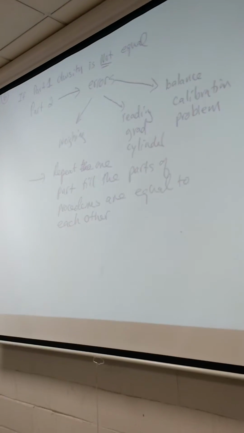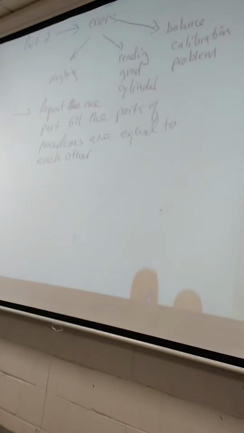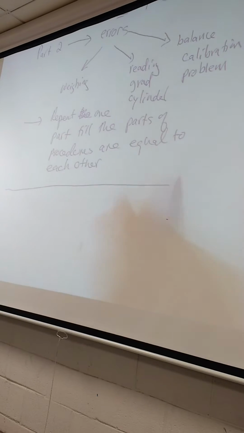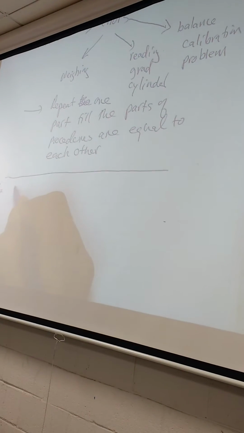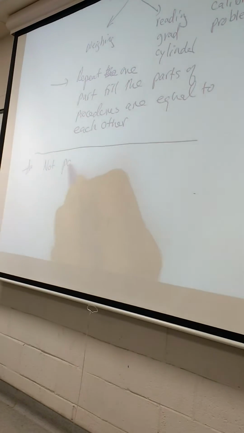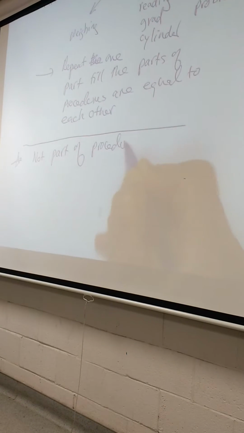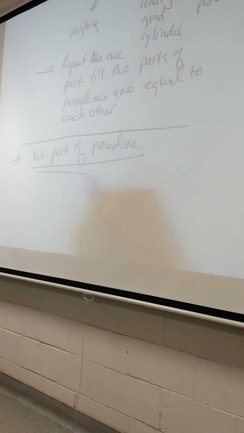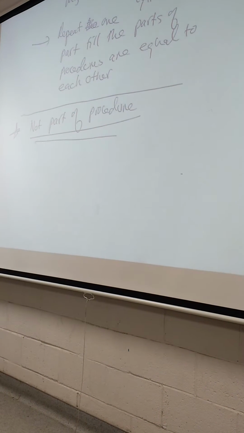Now, in the past we did the specific gravity, but this time we will not do specific gravity. But at least we have to know what specific gravity is. That's not in the experiment, so it is not part of the procedure, but you have to know how to calculate this one in the quiz or in the exam, the quiz of the lab or the quiz in your lecture.